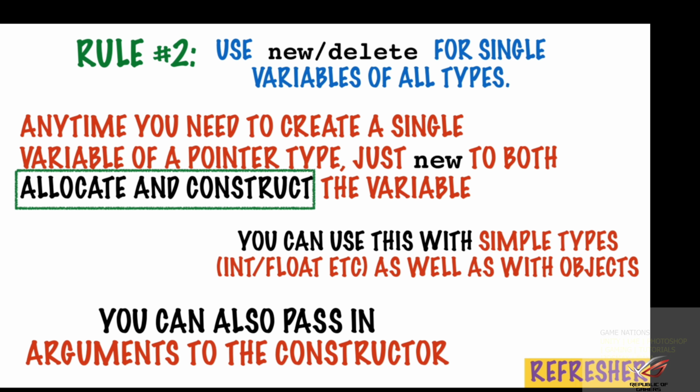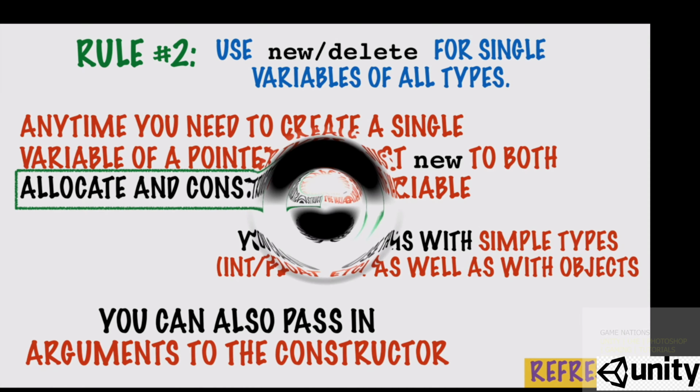This can be used with simple types as well as with objects. The new keyword also allows you to pass in arguments to the constructor when you instantiate an object. So remember, new and delete are used together. New is used for single variable types, single data types, whatever the data type, whether it's user defined or built into C++.